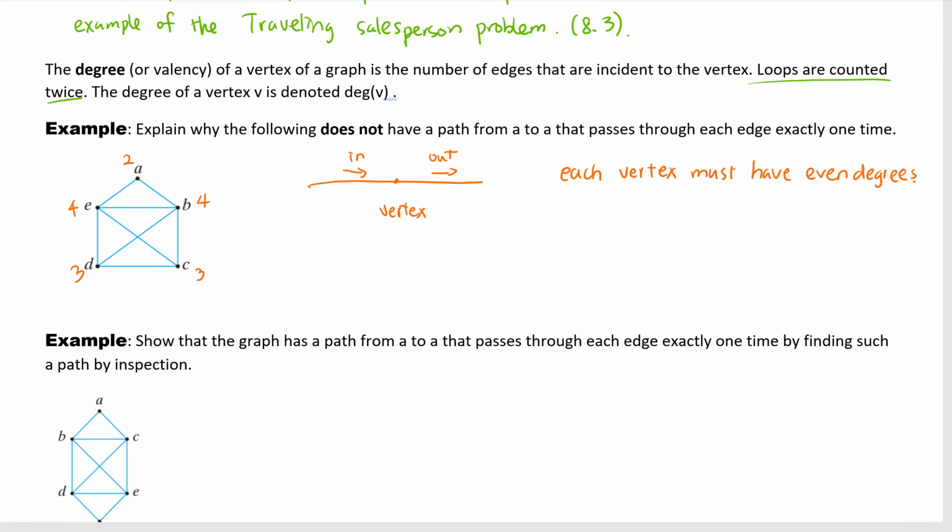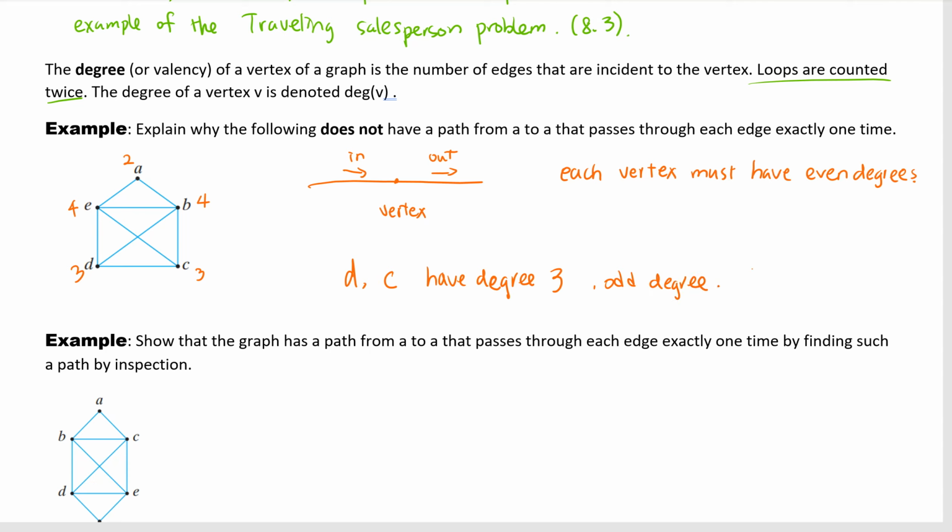But let's look at our picture. A has degree 2, which is even, E has degree 4, which is even, but D has degree 3, which is odd. C has degree 3, which is odd. So D and C have degree 3, an odd degree.